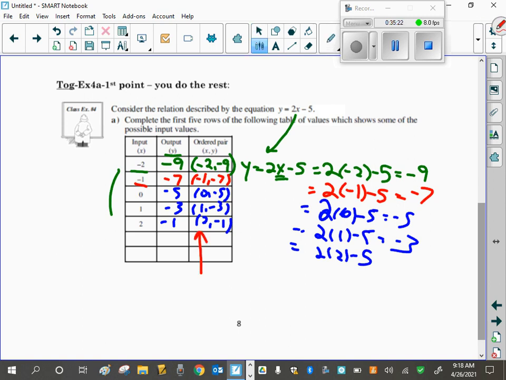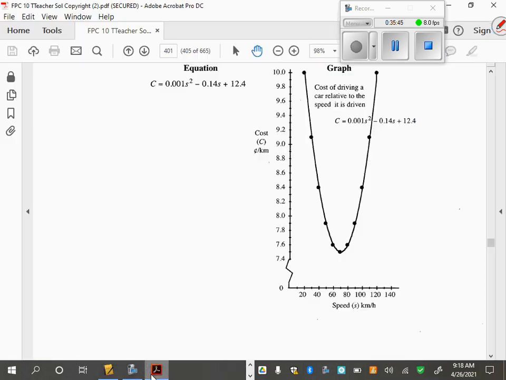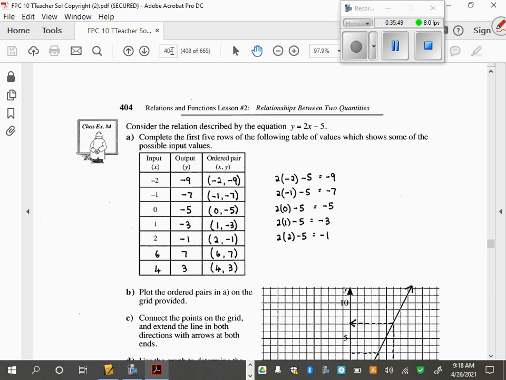Here, this is your x, means it goes left to right from the origin, and this tells you to go up or down after you go left or right. So hopefully you got a proper graph. Let's take a peek at what it should look like. So there's your table of values.